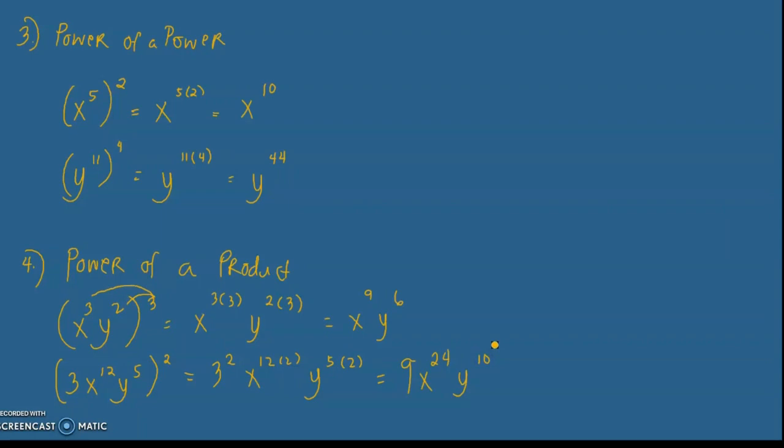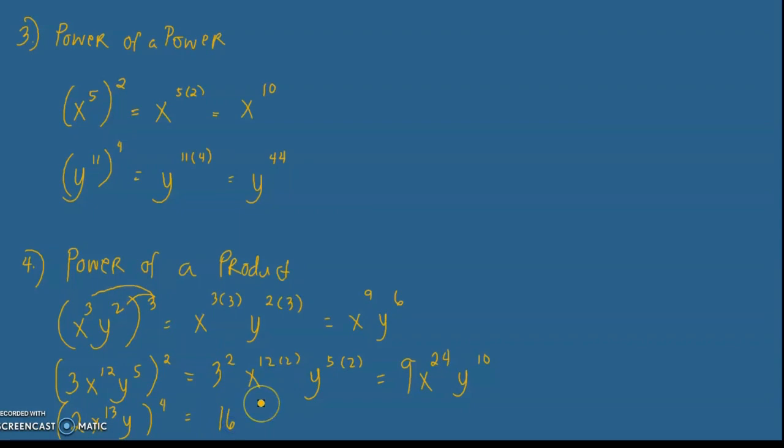So that is for the power of a product. If we have here (2x^13 y) raised to 4, what is 2 raised to 4? That's 16.